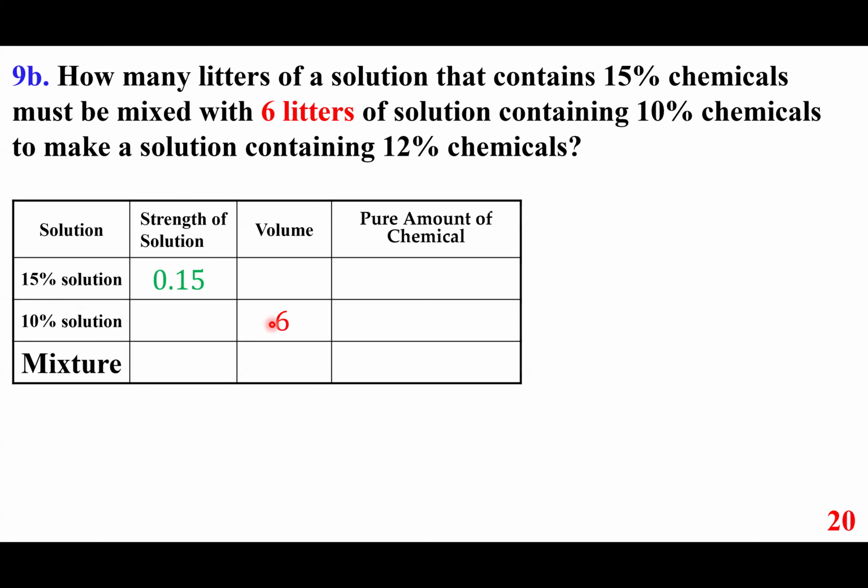So we have 15% chemical and it must be mixed with 6 liters of 10%. I'll put it in order. So first I see the 15%, then I see the 6 liters, and then the 10%, and we need 12% here. That is the setup.